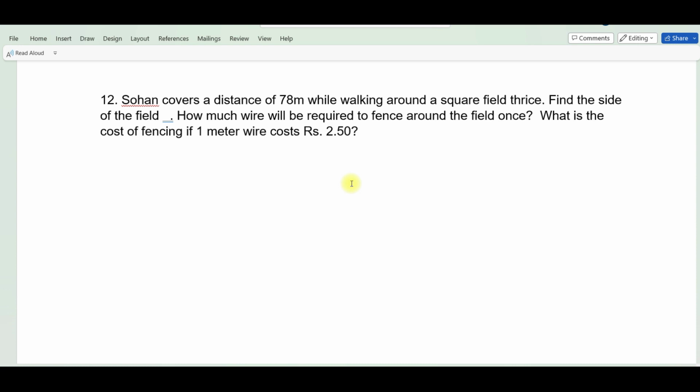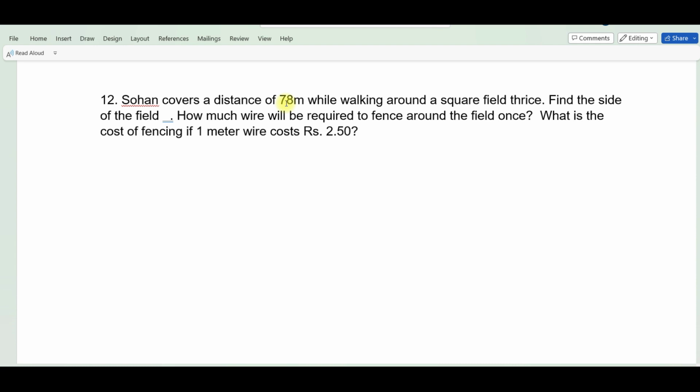Now here, first they have given you the total distance. Total distance of a square means the perimeter. Okay, they have given you the perimeter. First question, we will have to find the side of the square.